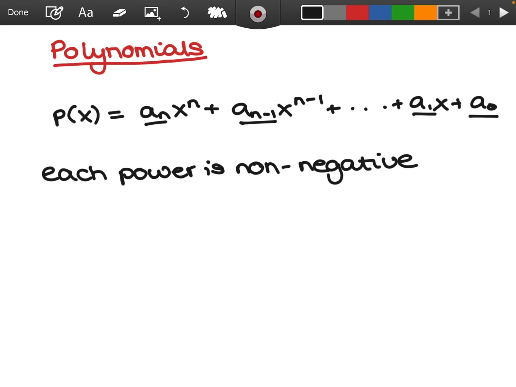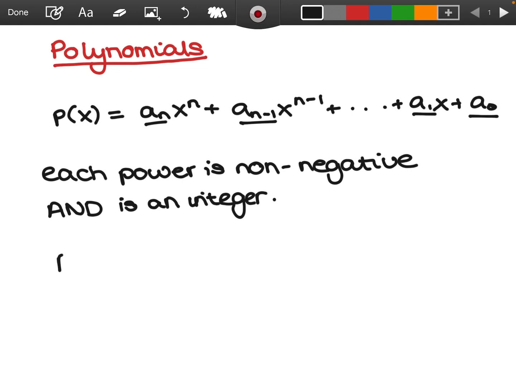So they have to be non-negative integers. And added to that, they do have to be an integer, not just any positive number. They do have to be whole numbers. So each power is non-negative and is an integer. Okay, so you can't have a fraction as a power either.